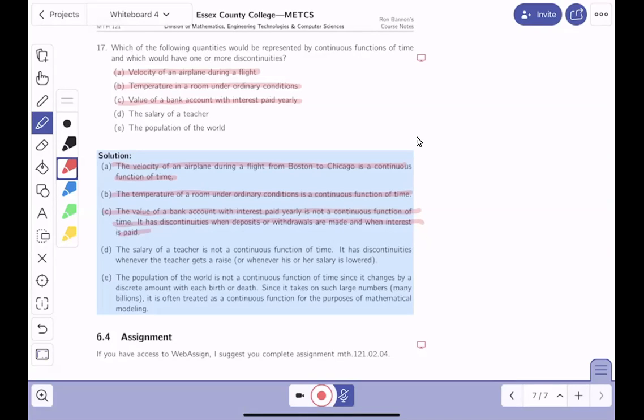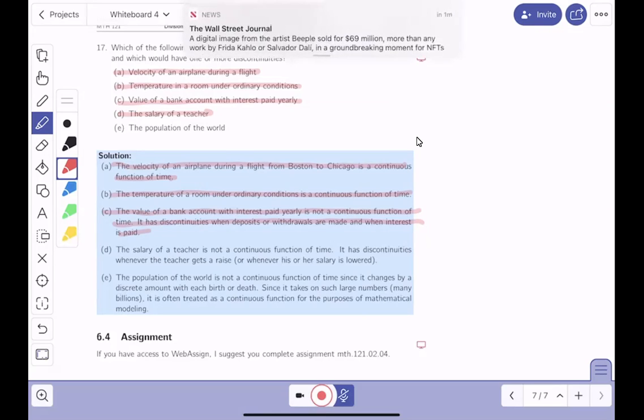Seems reasonable. How about the salary of a teacher? Well, I hate to talk about personal experiences, but my salary, at least over time, hasn't really changed. No raises. Actually, it has changed. It's gone down. They actually dinged us. They took a pay cut.